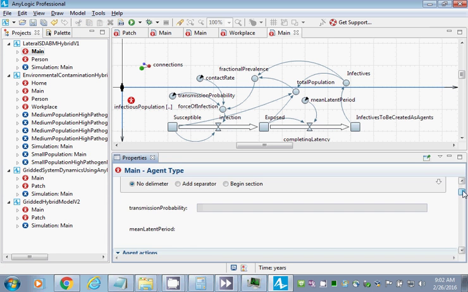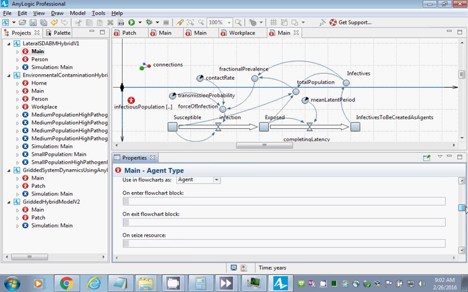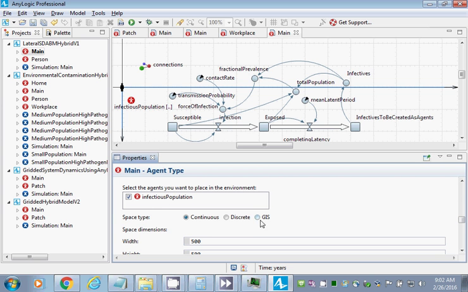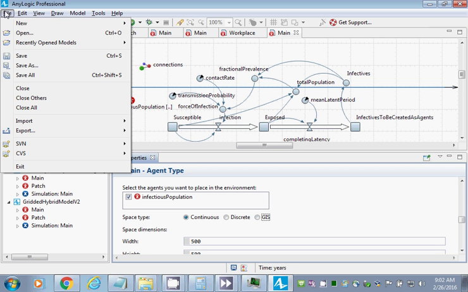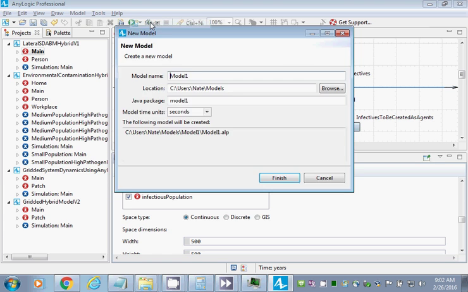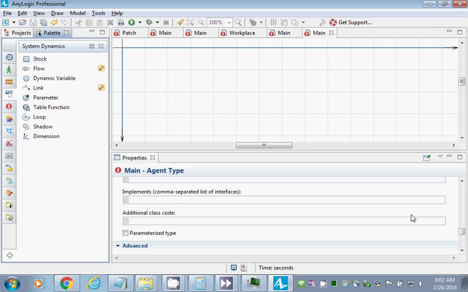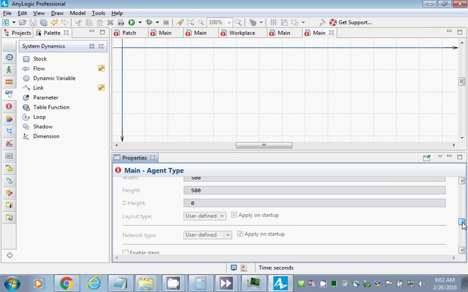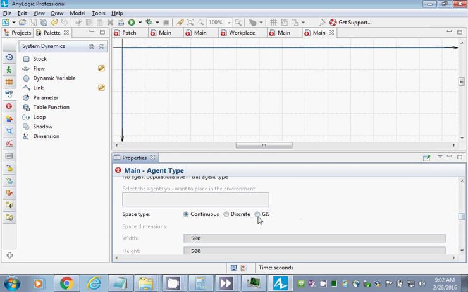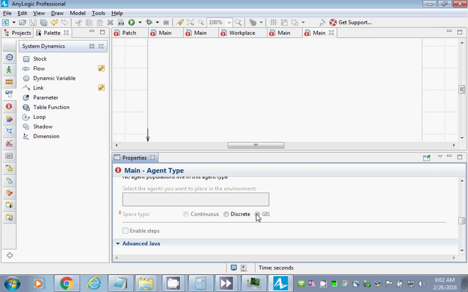And if I were to create a new model, I won't do it for this model, here what you'd find is that when you switch into GIS mode, suddenly you start getting this map imposed, and there's a bunch of mechanisms that are now available because of that.